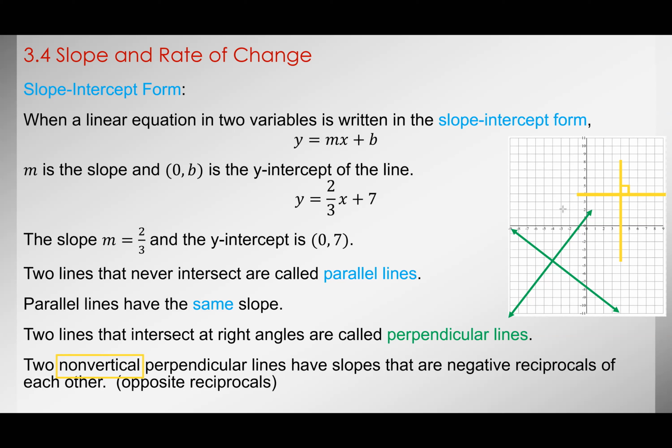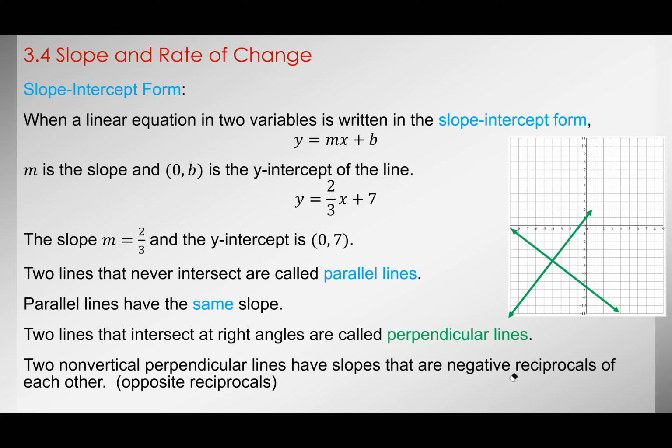But in short, in order for two lines to be perpendicular, like the green one we have here, the two lines have to have opposite reciprocal slopes. So whatever your slope is has to be opposite, meaning if your slope is positive, it has to be negative, and the reciprocal, if it's 1/3, then it has to be 3/1.